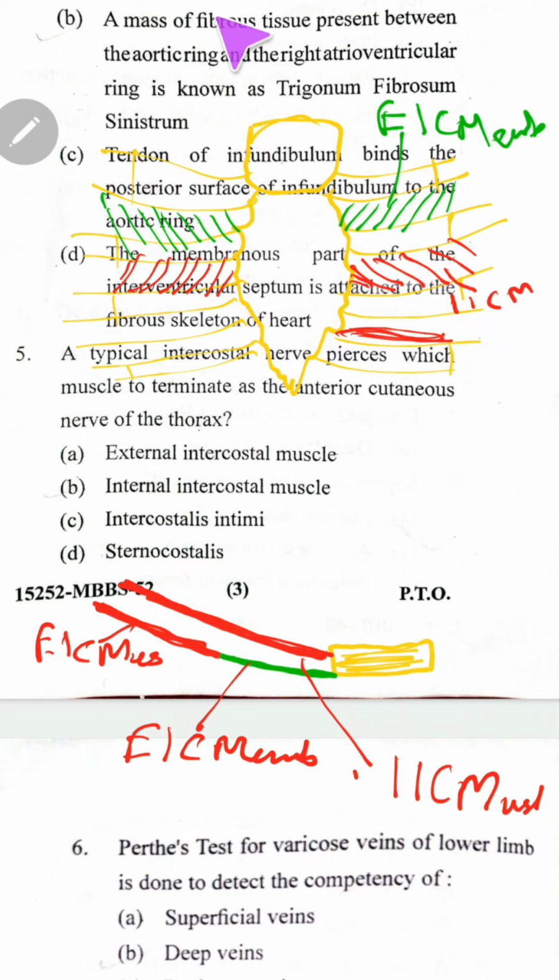Deep down to that, you will find another third layer, and that is transversus thoracis. Transversus thoracis is in three parts. In the middle 2/4 you have intercostalis intimae, posteriorly you have subcostalis, and here you have sternocostalis, right?